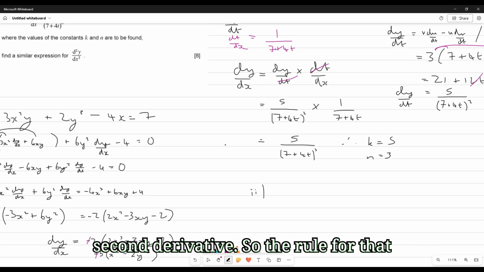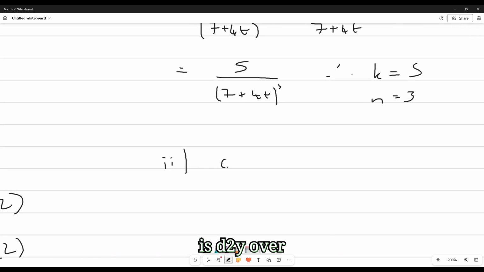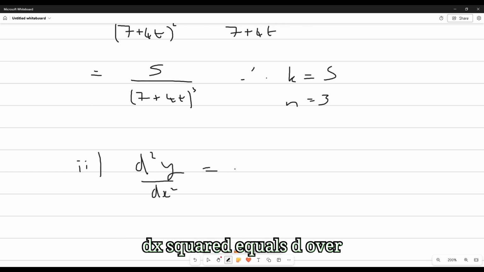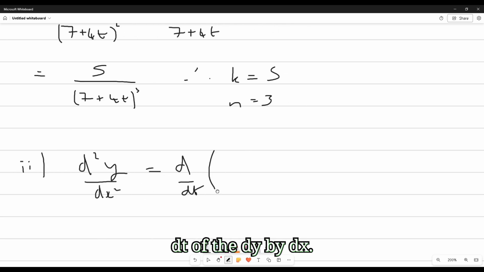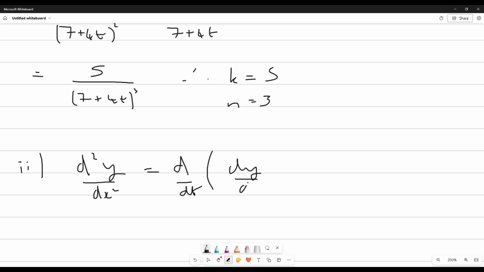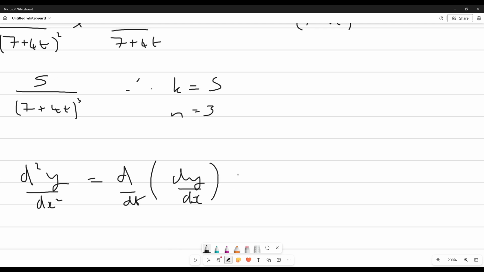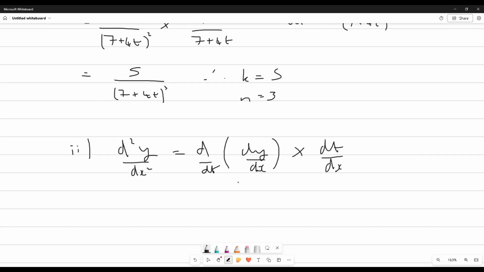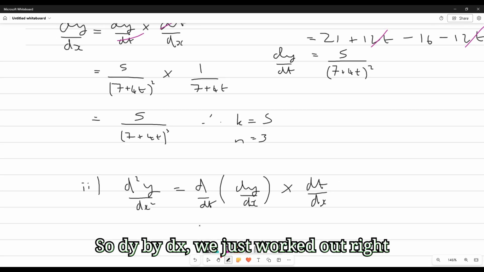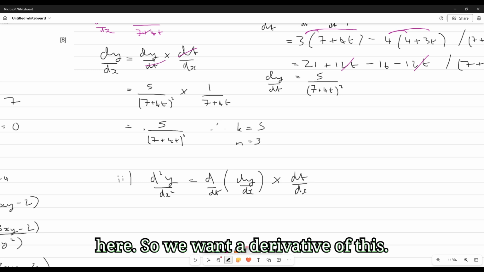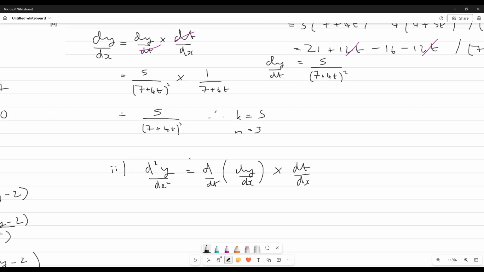So the rule for that is d2y over dx squared equals d over dt of the dy by dx, times dt over dx. So dy by dx we just worked out here, so we want a derivative of this.